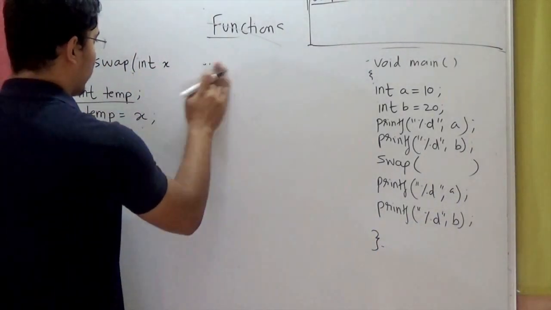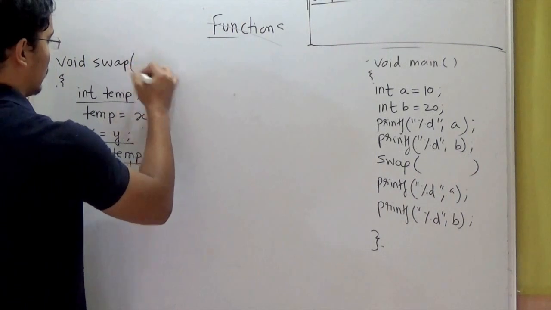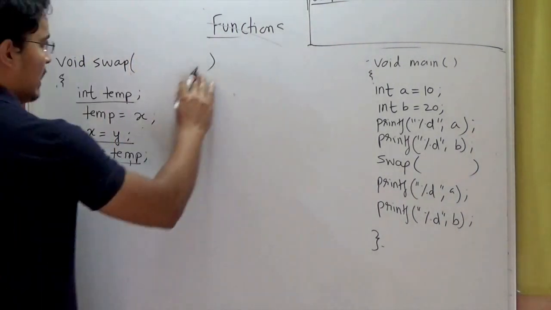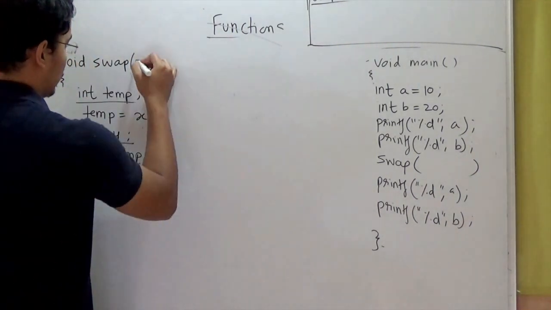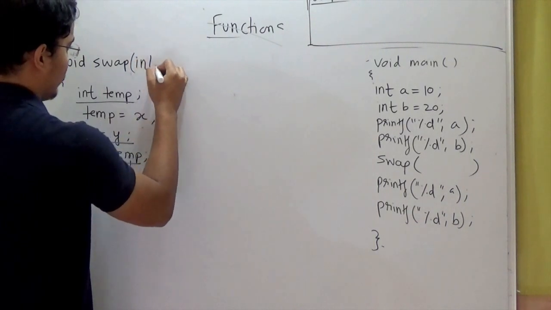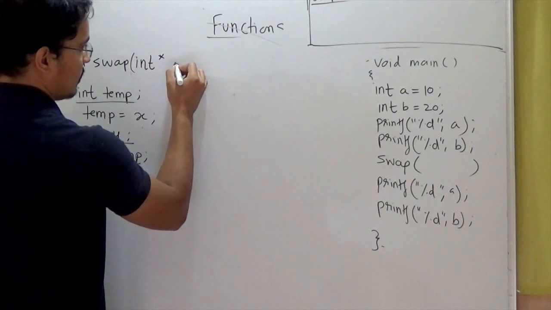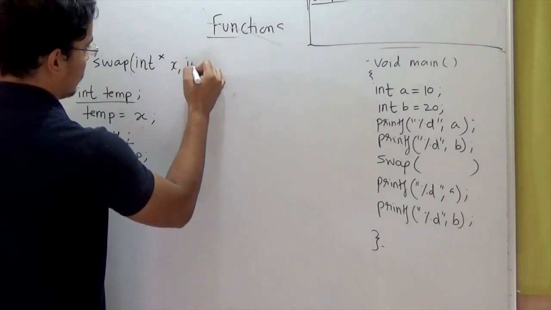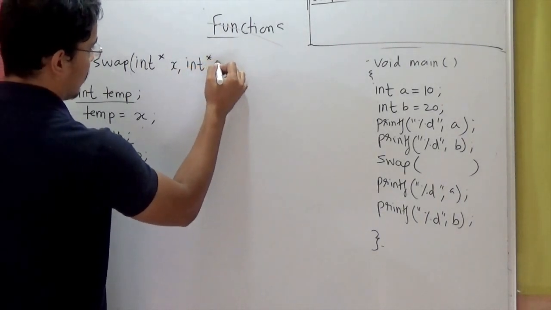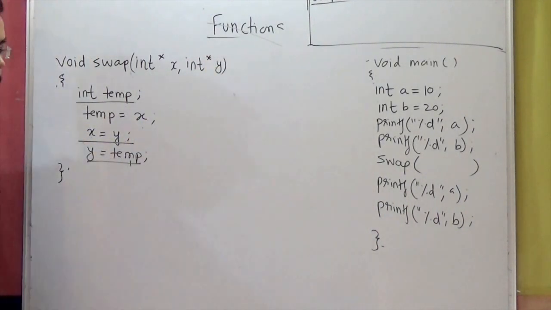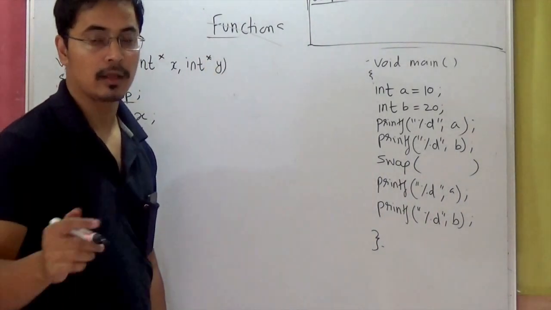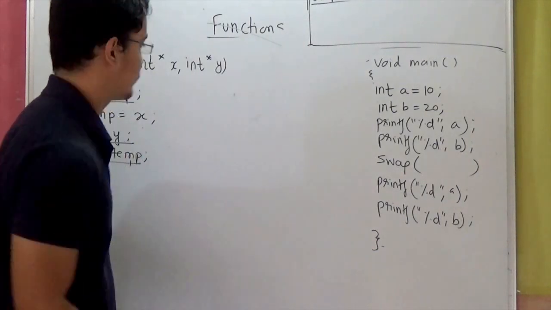Now I'm going to make a small change to the prototype of the swap function. Instead of two integers, I'll change the parameter types of swap into int star x, int star y. We have learned this in the video about introduction to pointers.